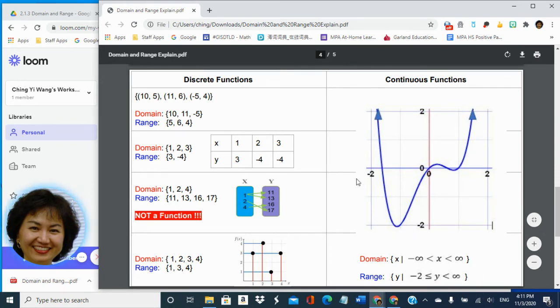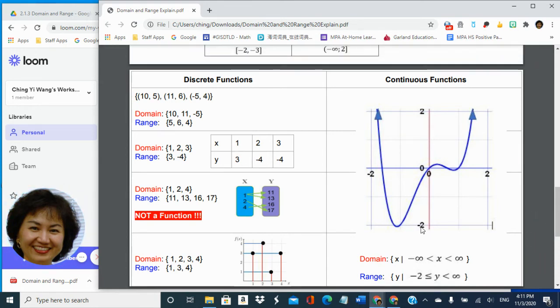For the y direction, you can see the lowest point is -2. So it goes from -2 above to infinity. So it's written as -2 less than or equal to y less than infinity.